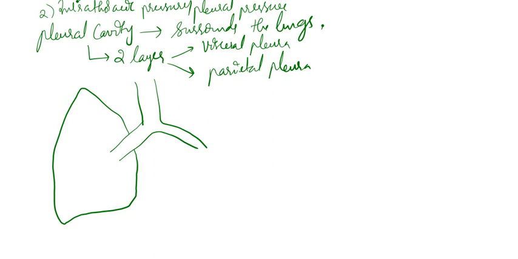I am requesting you. So let us say these are lungs. And I will draw an even deeper line. So this is lung, and this is parietal. There is more space here. Generally you don't see this much space, but for explanation I am drawing it.